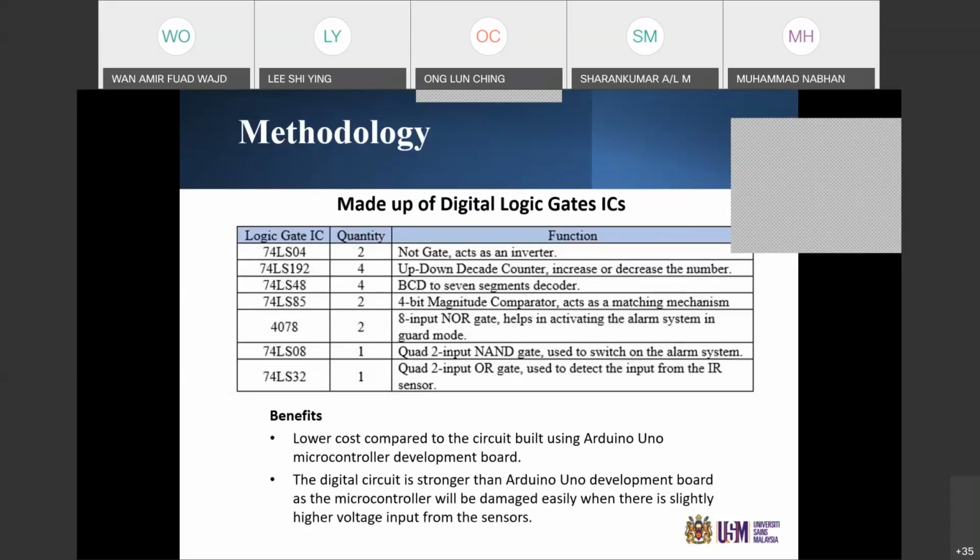The benefit of using all of these logic gates is that they have a lower cost compared to a circuit built using Arduino. And the digital counter is also stronger than the Arduino, as the microcontroller in Arduino will be damaged easily when there is a slightly higher voltage input from the sensor.